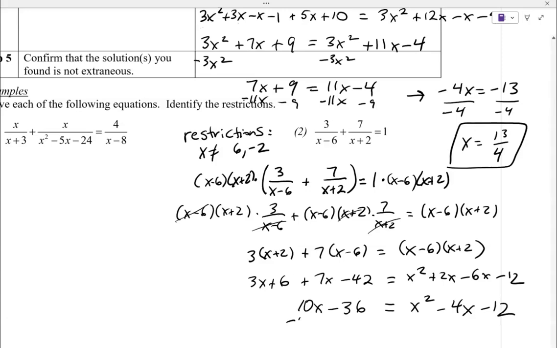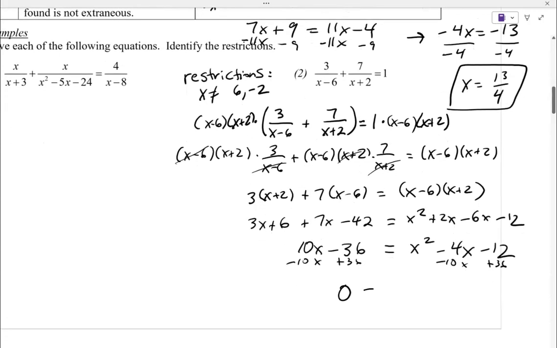So we'll subtract 10x over and add 36. So we get everything on the same side. So we get x squared minus 14x plus 24.